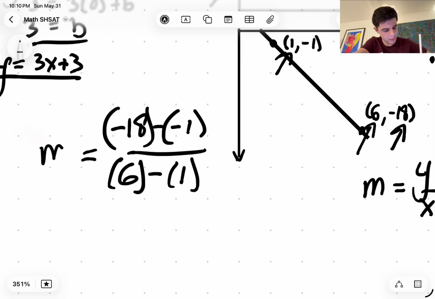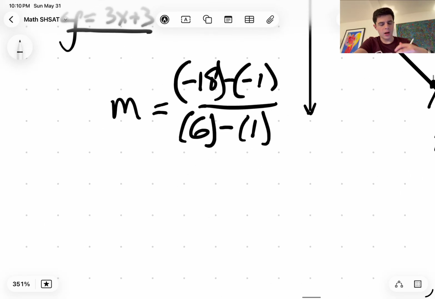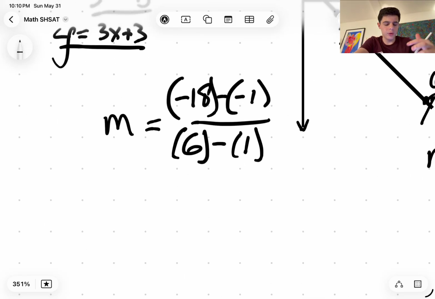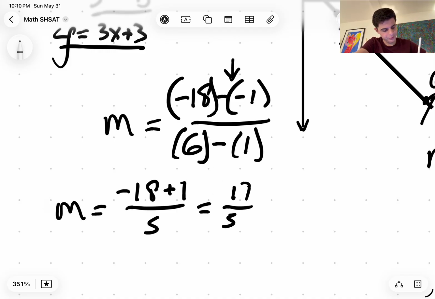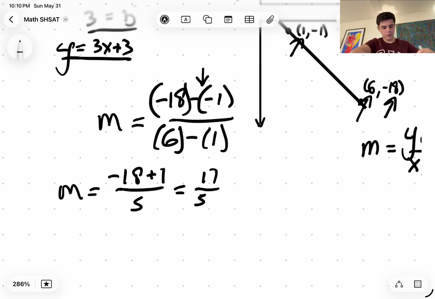And that is our m. And see, here you could be tripped up because there is a double negative here, right? So this is negative 18 minus 1, which is plus 1. So it's going to be negative 18 plus 1 over 6 minus 1, which is 5. So you're going to get negative 17 over 5 as your m value, right?